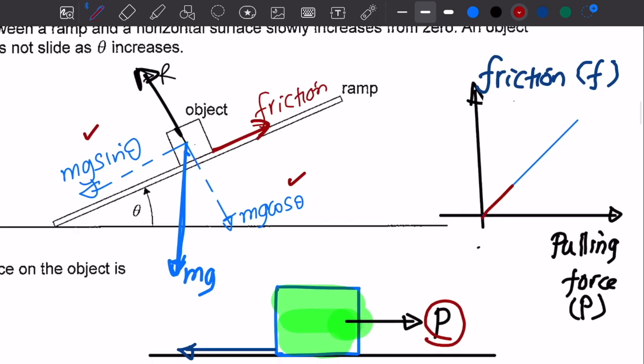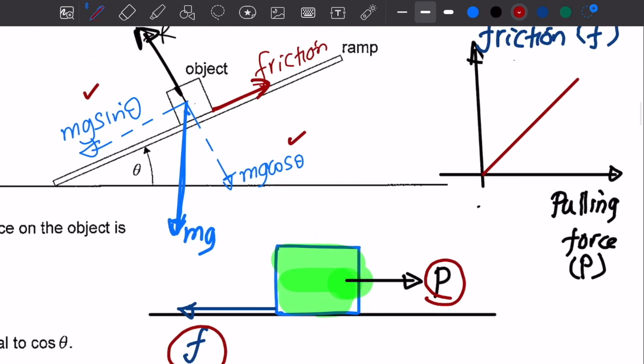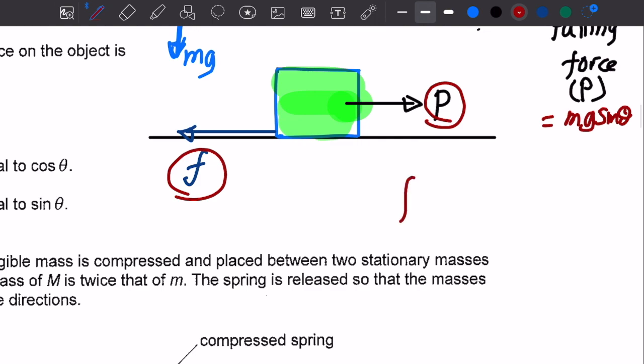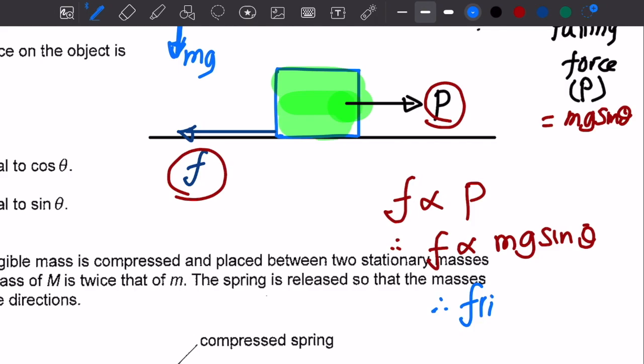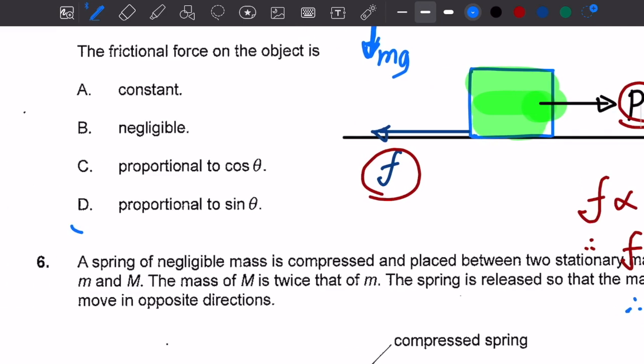Proportional, right? Only difference here is that the pulling force for this example is mg sine theta. So as we agreed, friction depends on the pulling force, so in this example friction is proportional to mg sine theta. Friction is proportional to the sine of the angle. So this answer should be D.